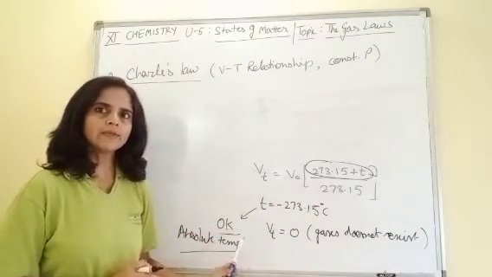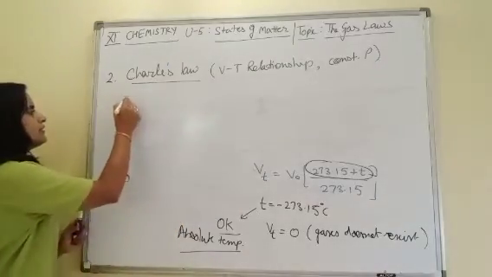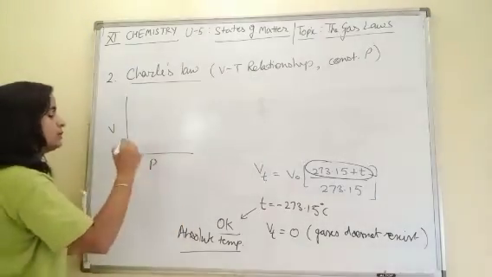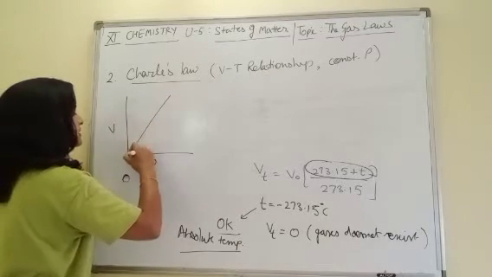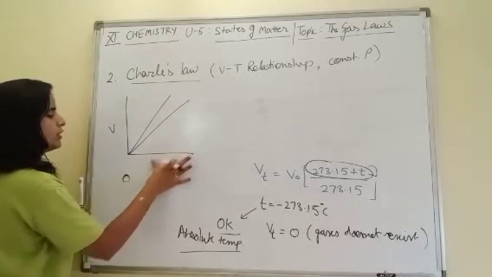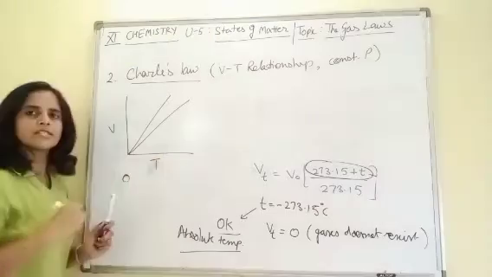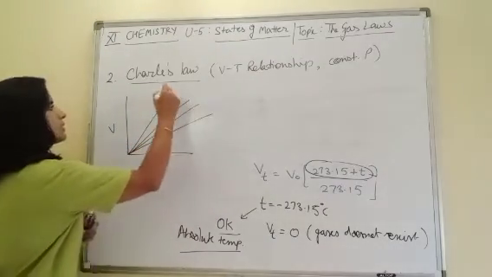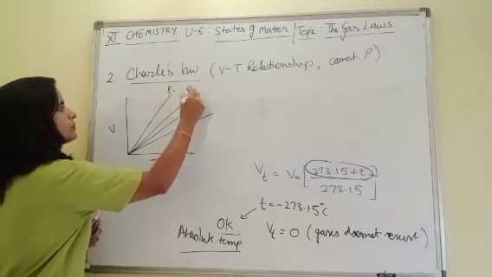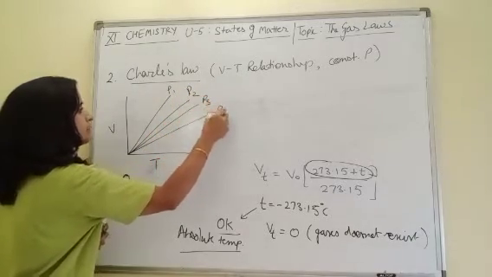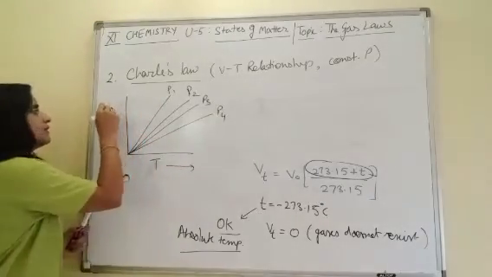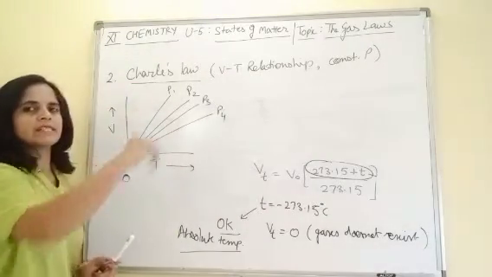Understood, children? Now I'm giving one graph, that is the relation of pressure and volume, but the graph is something like volume and temperature, because we are taking Charles's law. So the graph is something like this, at P1, P2, P3, P4. Again all three parameters are variables.